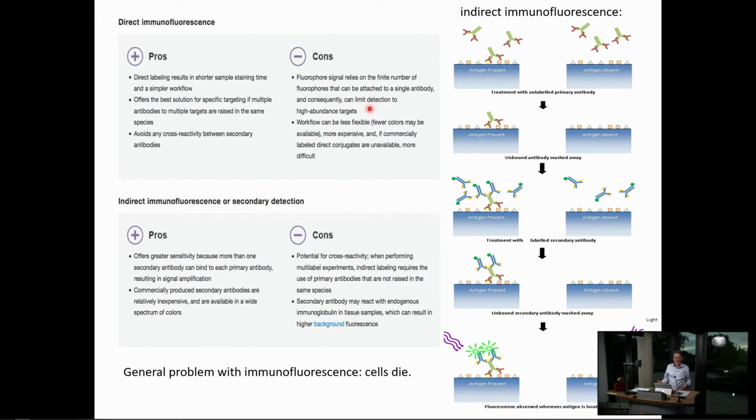Now instead, you can raise 5 primaries in mouse against the 5 targets. You isolate the primaries, and then you just use a generic anti-mouse secondary antibody raised in goat. Then you only need to label that secondary.